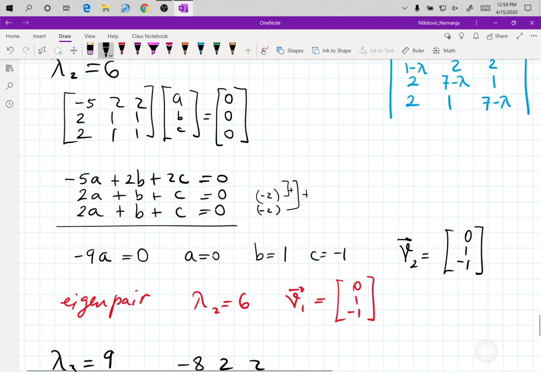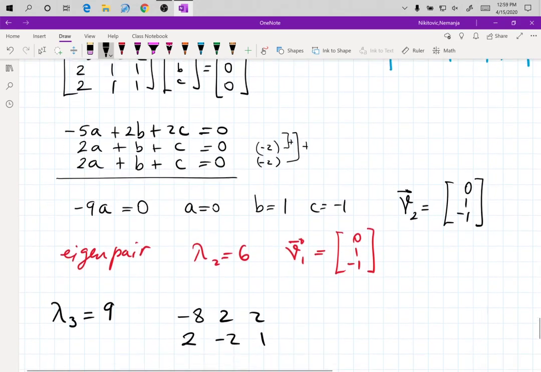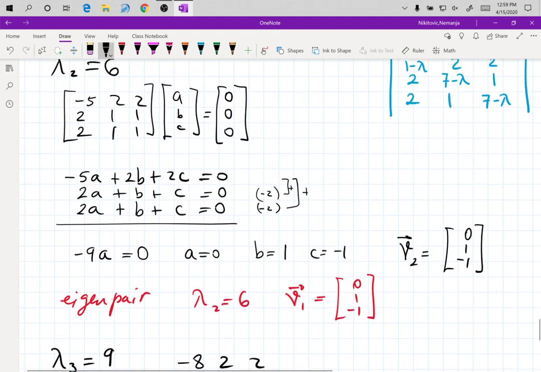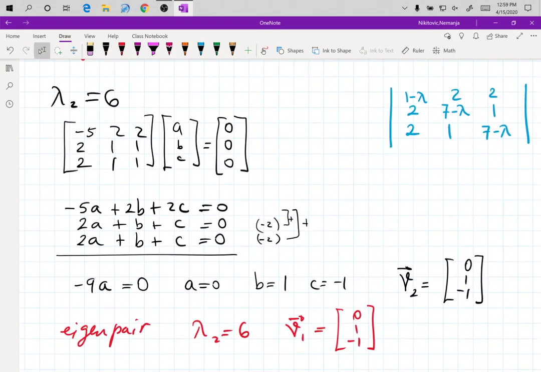And 2, 1, and -2 when I subtract 9. Good.